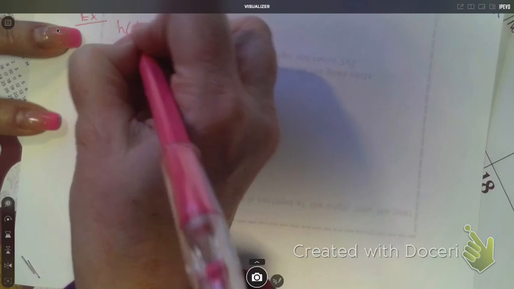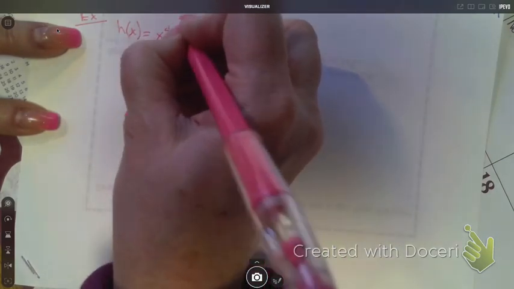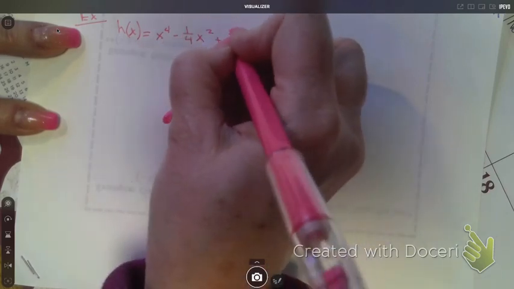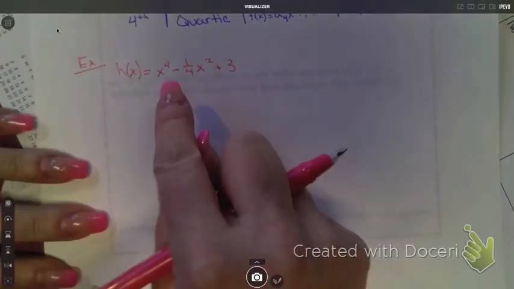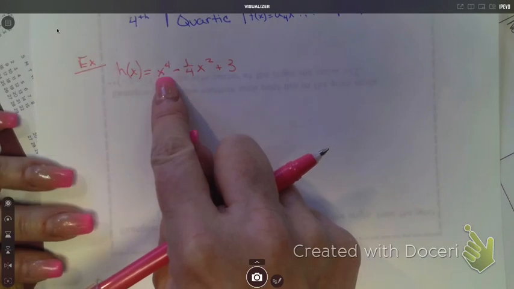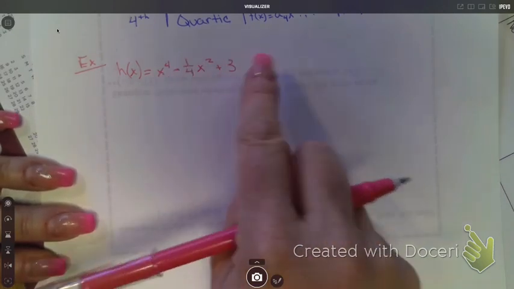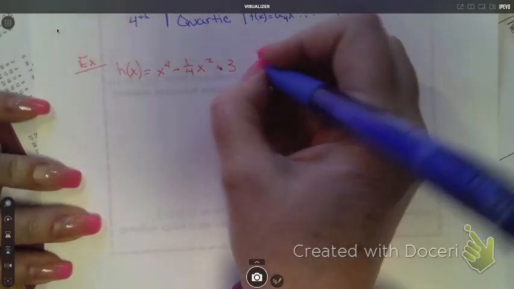H of x equals x to the fourth minus 1/4 x squared plus 3. Standard form means they go down. Do I have some gaps? Yes. But are they going in descending order? Yes. So it is in standard form.